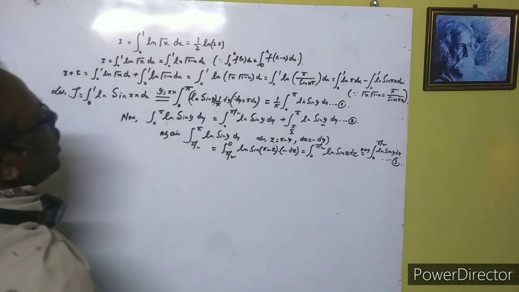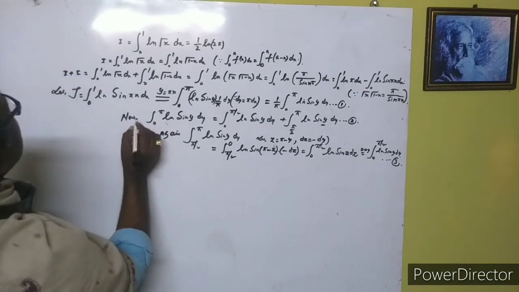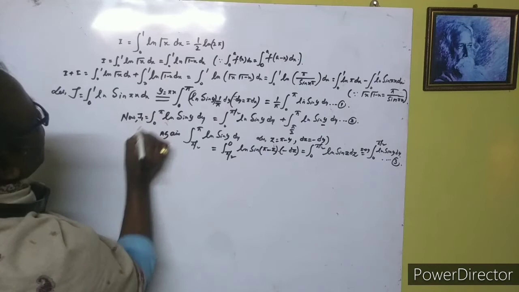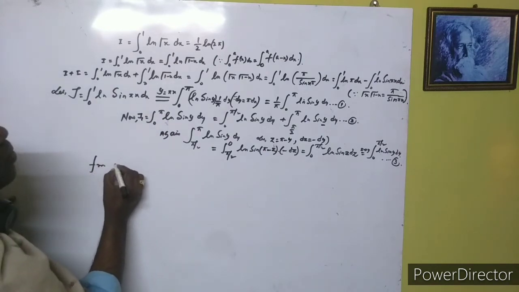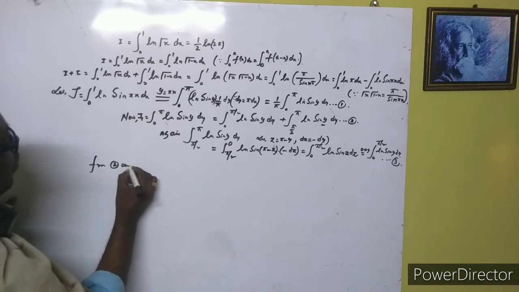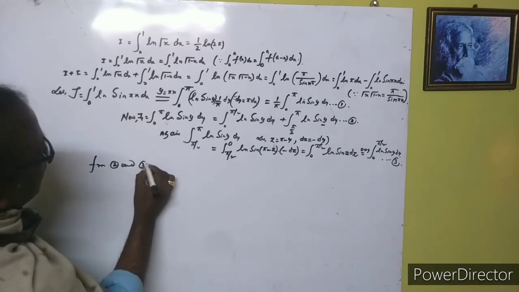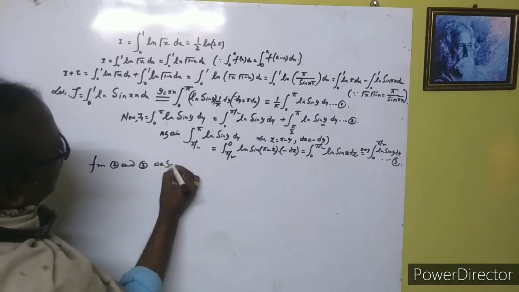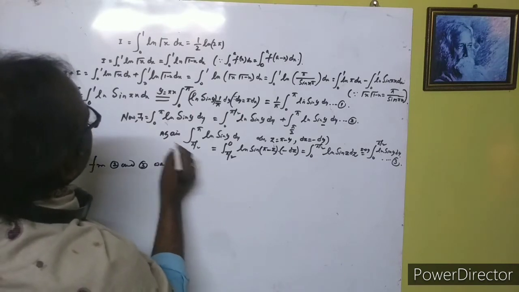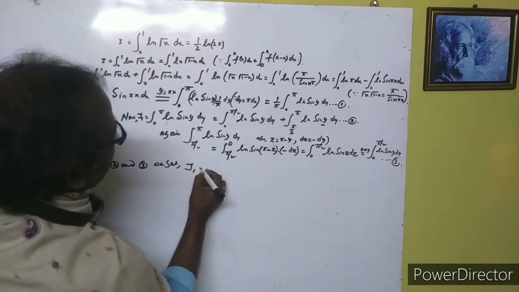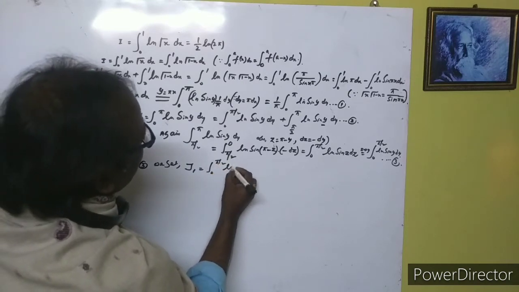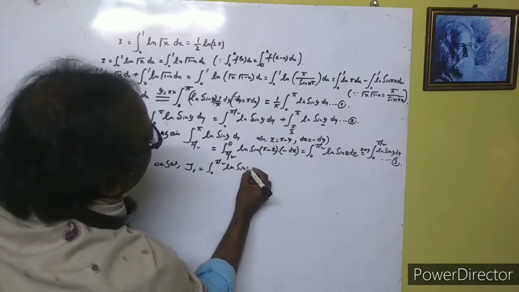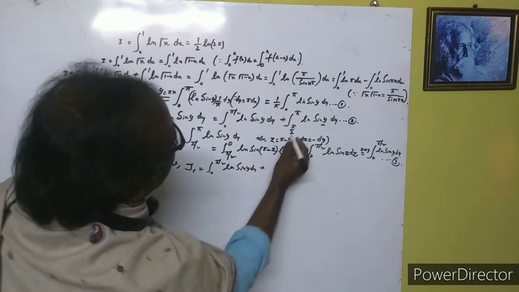Let us assume this is J1. From 2 and 3, we get that the first integral, from 0 to pi by 2 of ln sin y dy, and the second are equal, as we have proved.